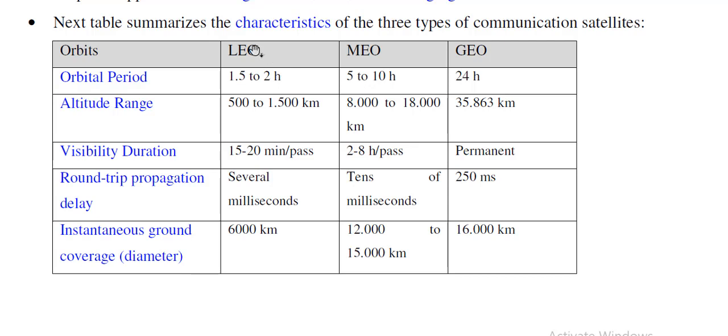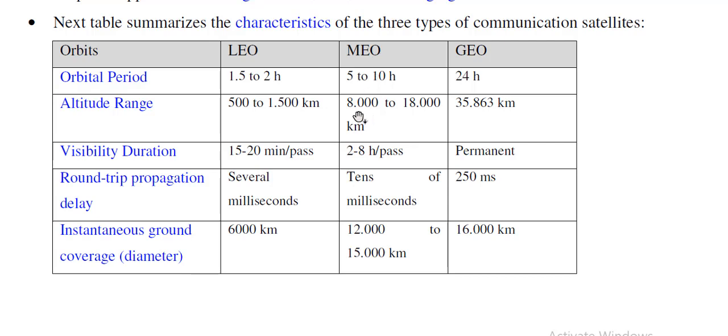And I repeat here, it doesn't mean that the LEO is faster than the GEO, no. The Earth is faster than the LEO, and that's why the Earth will come back to that satellite in a maximum of 2 hours. For the altitude, as we have seen before, between 500 and 1,500 kilometers for the LEO, which means the LEO is really closer to the surface of Earth.